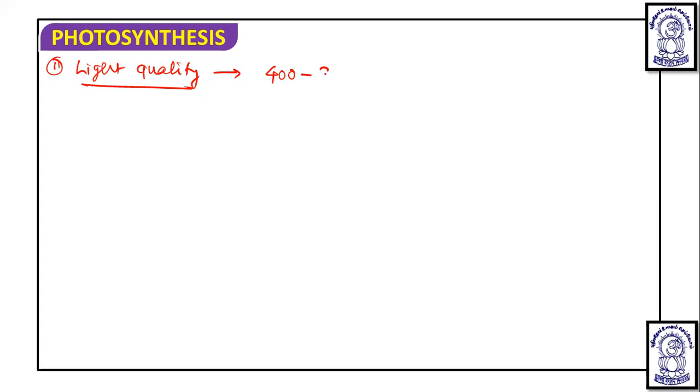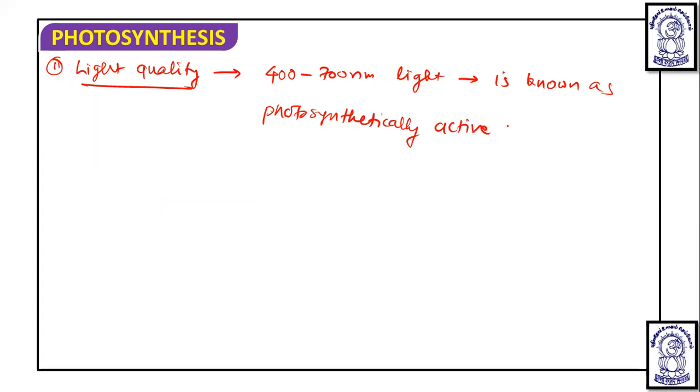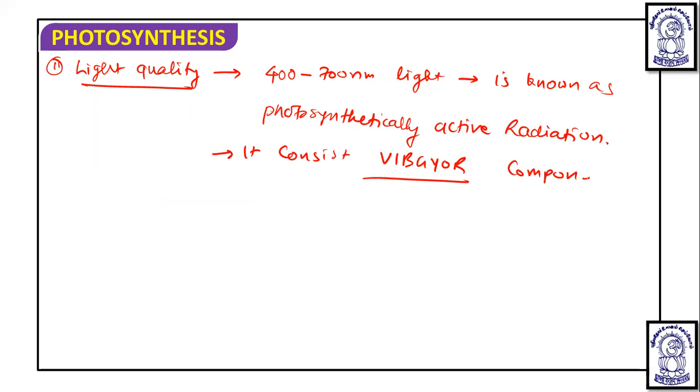This 400 to 700 nanometer light is known as photosynthetically active radiation, and it consists of the VIBGYOR components.